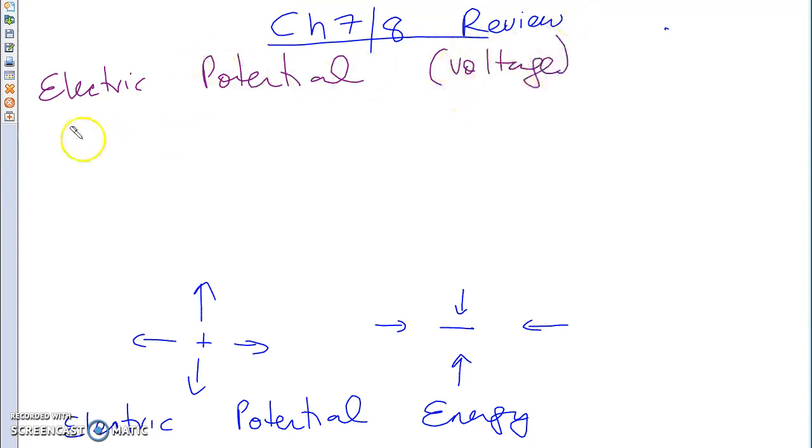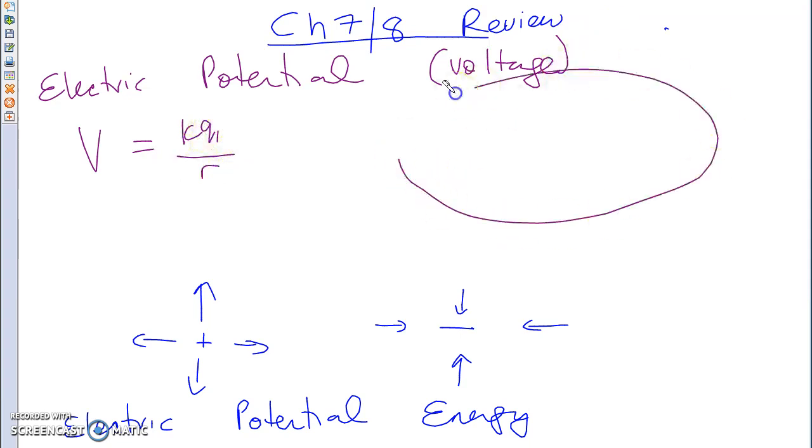Okay, and we said electric potential denoted by the variable V, which equals K Q1 over R. And we said this was the energy required, or the work required, to take or carry a charge from outside of the field into the inside of the field. So imagine there is a charge here already, and we're taking another charge that's far away, and we're bringing it from one point to another into a field. So this would be voltage or volts, measured in volts.